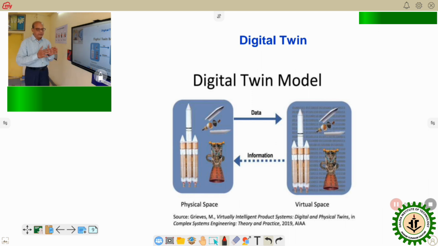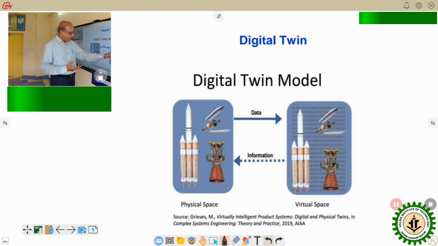How to distinguish and differentiate? If you have a closer look, you will see in the background there is a combination of 0, 1, 0, 1, 0, 1. That means the data is digitized. So this is a digitized image available in the cyber world of the physical product which is lying somewhere on the shop floor.